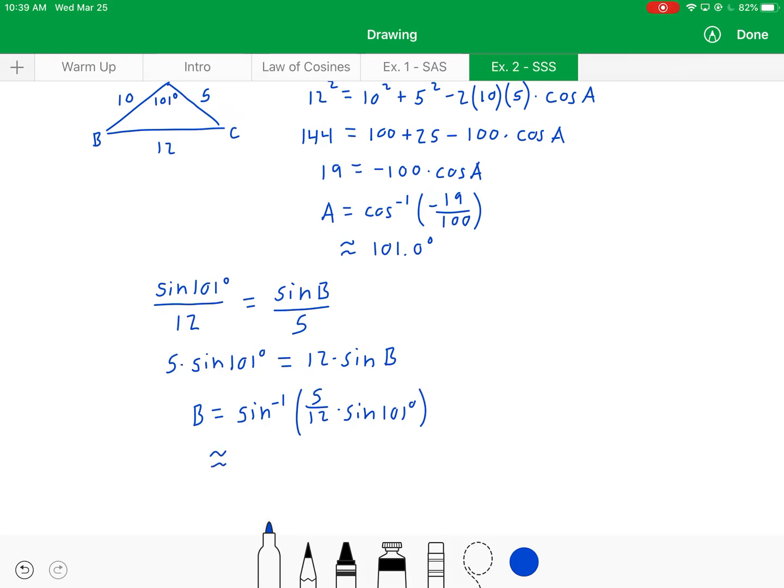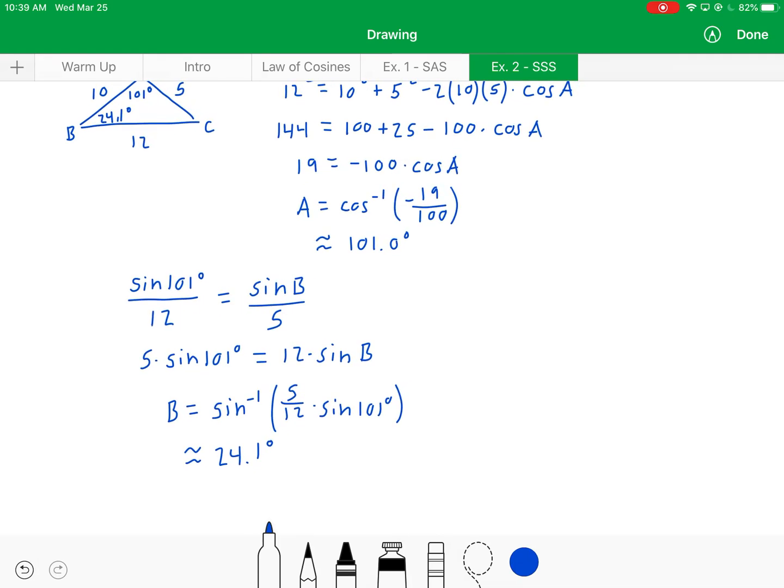Let's see what we get there. Inverse sine 5 divided by 12 times sine of my previous angle of 101, right? I'm getting about 24.1 degrees. I'll fill that in.